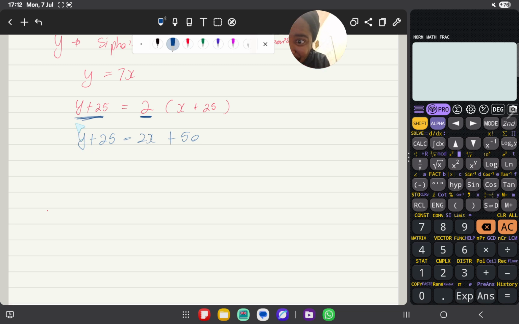For me, I'm just going to substitute right here. Therefore I have 7x plus 25 equals 2x plus 50. I transpose 2x, we have 7x minus 2x. I transpose 25, we have 50 minus 25, which is 25.